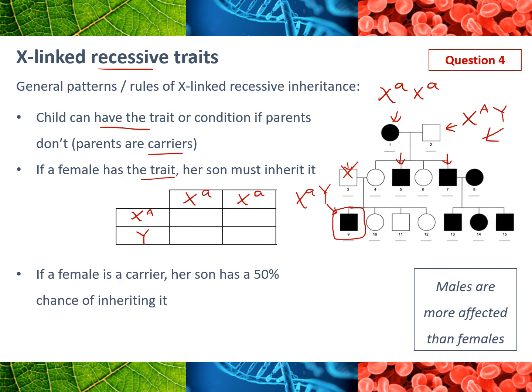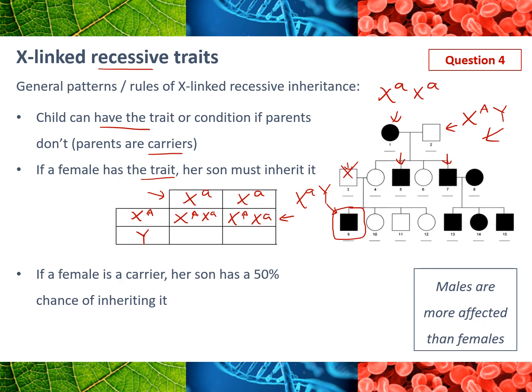So this is showing the 4 kids that are possible here. If we do these 2 first, both of these individuals would be females. They've got the 2 X chromosomes, and neither of these individuals would have the condition because they both got a dominant version and they have to have 2 recessive to have it.